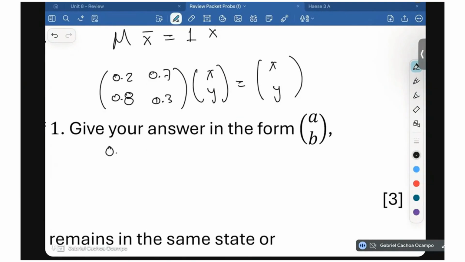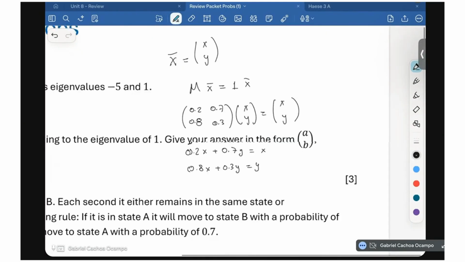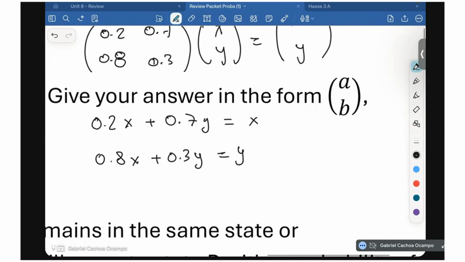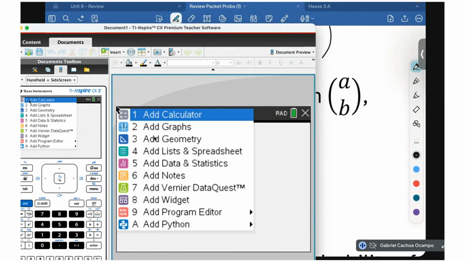That would be 0.2x plus 0.7y equals x, 0.8x plus 0.3y equals y. And so we're going to solve the system.